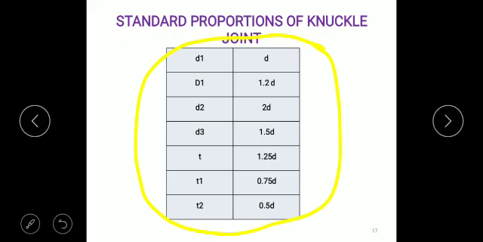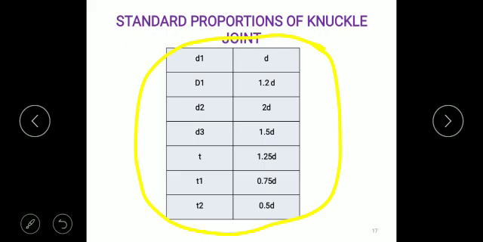Whenever we have to solve a problem on the design of this knuckle joint, whatever notations we use for that knuckle joint, for those notations these are some standard proportions we use. So either we can assume these different dimensions of the knuckle joint components by using these standard proportions, and then we'll give the different design check equations.